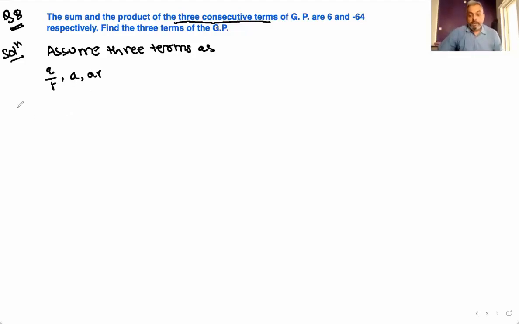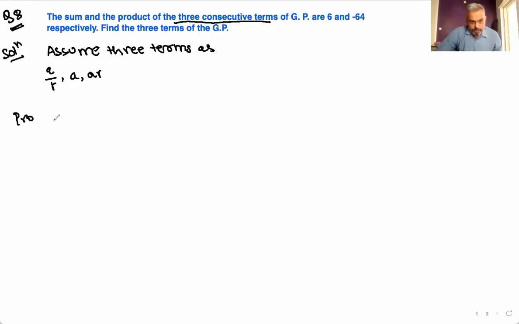So solution, we first assume three terms as A upon R, A, AR. These are the three terms we have to assume. If you don't take AR square, then you will not get the answer. Now over here, the product, we always take the product first.